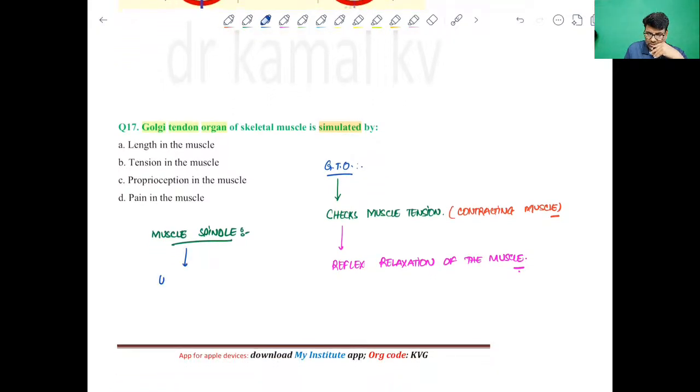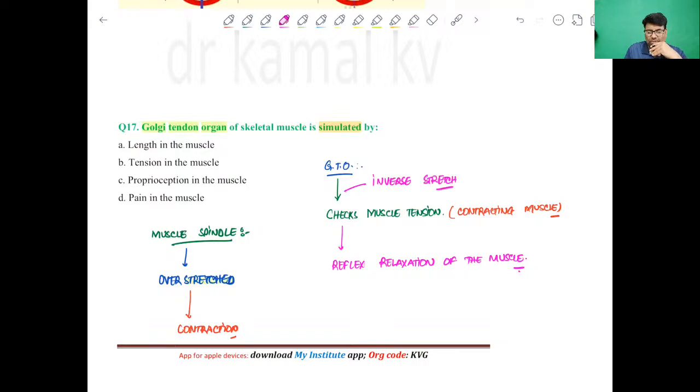When the muscle is overstretched, it will cause contraction. Clear? So both, yes, that is the stretch reflex. So yes, this is a stretch reflex, and therefore this is inverse stretch reflex.